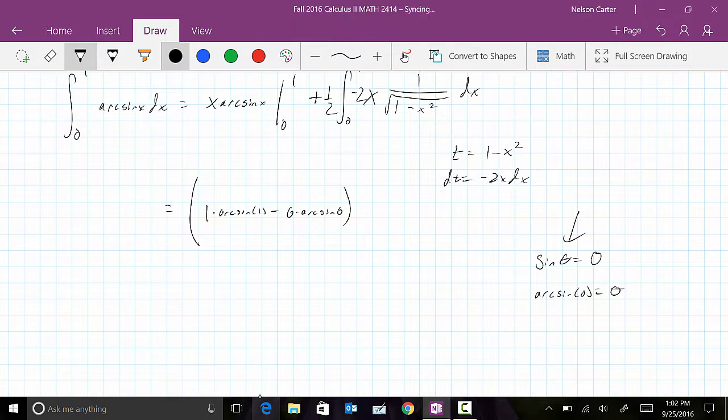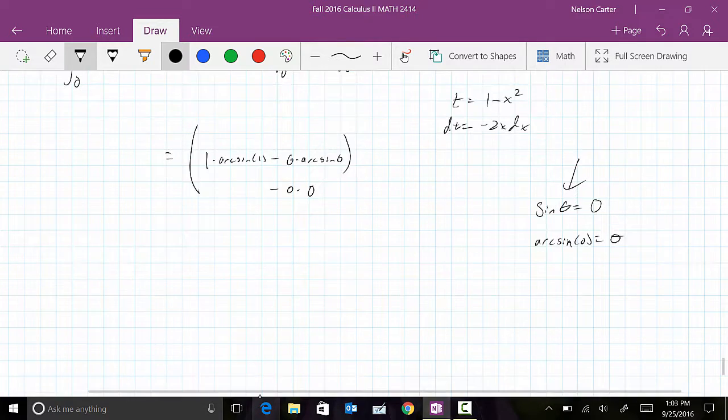The sine of what is 0? There are a lot of things, but considering the domain and range issues with the inverse trigonometric functions, the sine of 0 is 0. So the arc sine of 0 is 0, and this is 0 times 0 minus, let's play the same game with 1.